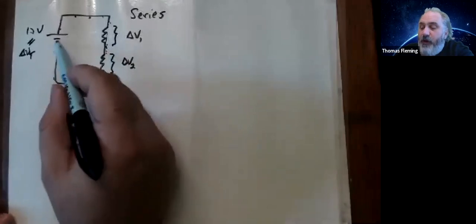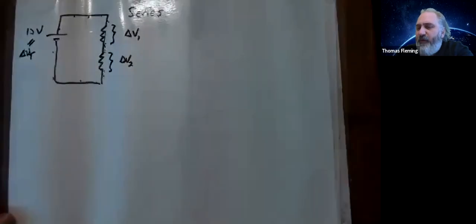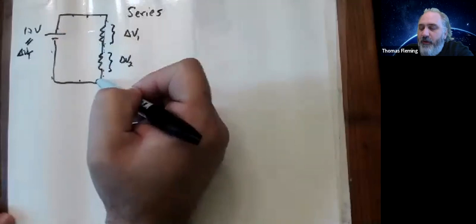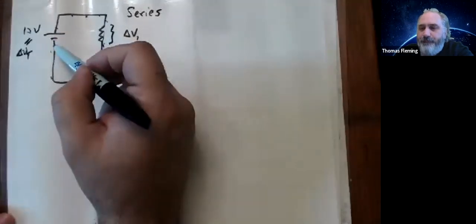And we can always call the negative terminal of the battery effectively 0 volts. What that tells me is that I started off at 12 volts, I dropped 2 times, and by the time I was finished, I was down to 0.